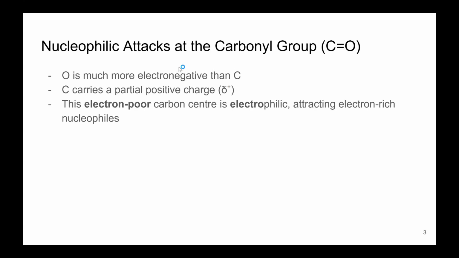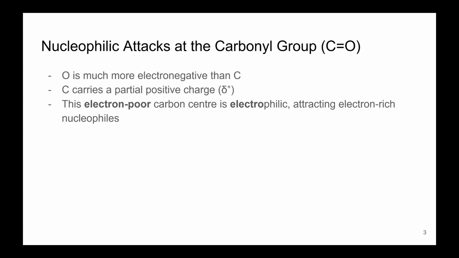So this carbon center is thus electron poor and is electrophilic, because it's electron poor, so it loves electrons. Because positive attracts negative, it's electrophilic, and it would like to attract electron-rich nucleophiles.